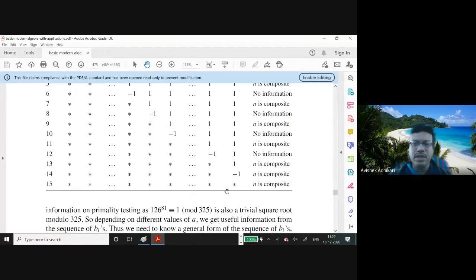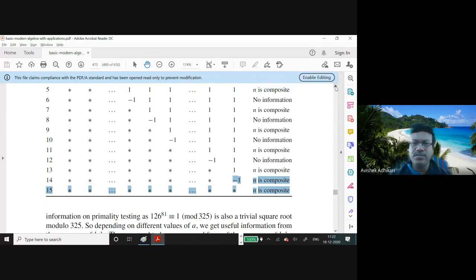Why is this so? Can anybody tell me why this is so? Why, if at the end we don't have 1, anything other than 1, then your conclusion will be n is composite?